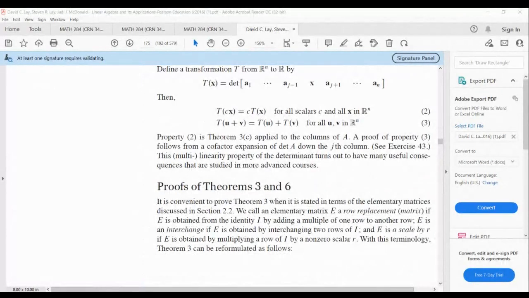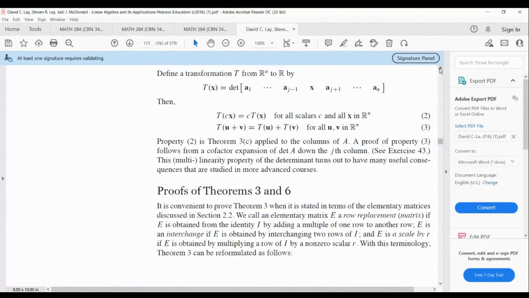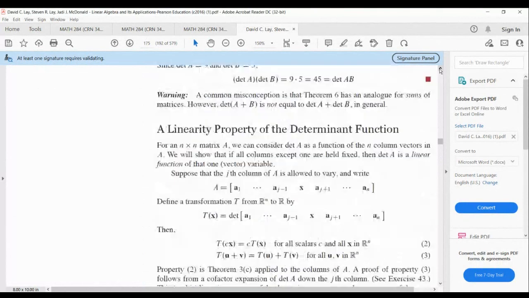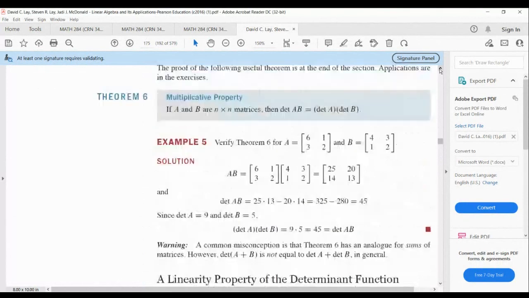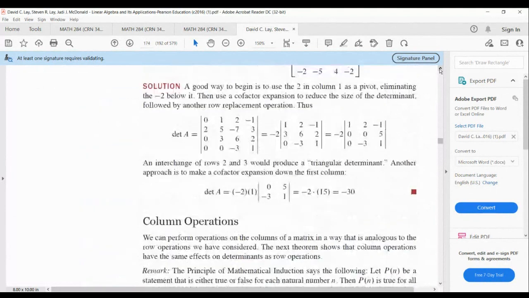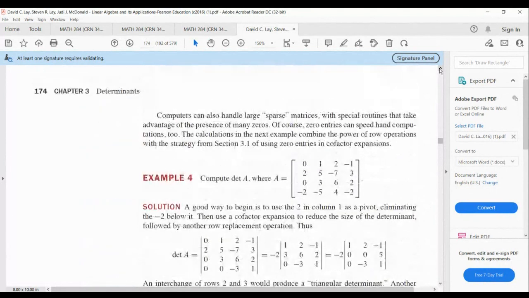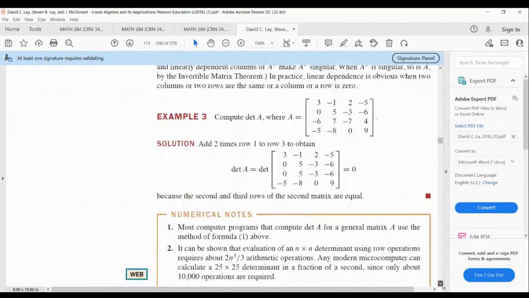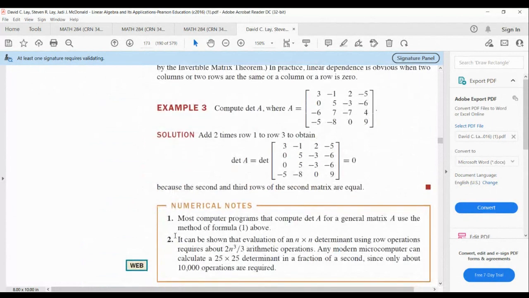Let me find it. Doggone it. Just bear with me for a moment, okay? I'm trying to find that numerical note here. There it is.